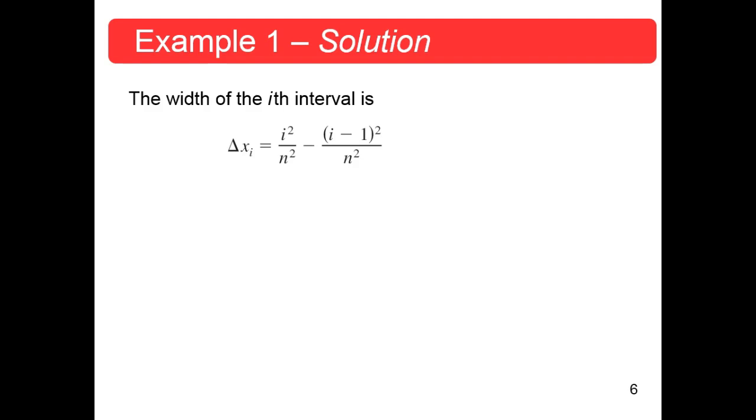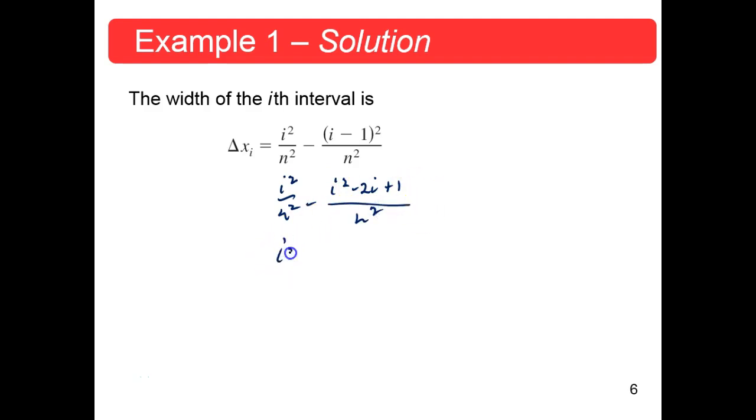Okay. So, the width of each interval, here it is. The delta x sub i is i squared over n squared, that's the right endpoint, minus the left endpoint, which is i minus 1 squared over n squared. If you expand that, this is i squared over n squared minus, this would be i squared minus 2i plus 1 over n squared.